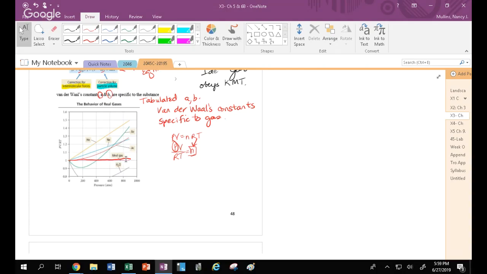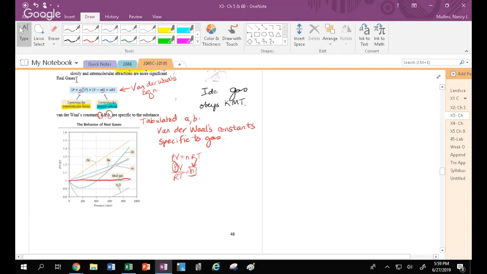So the more attracted they are to each other, inter meaning between molecules, so intermolecular means between two molecules, the more intermolecular forces there are, the more it's going to act like they're being pressurized. They're now going to start to condense as if they were being pressurized. So that's why the intermolecular term shows up with the pressure, because it has the same effect as adding extra pressure to the system.